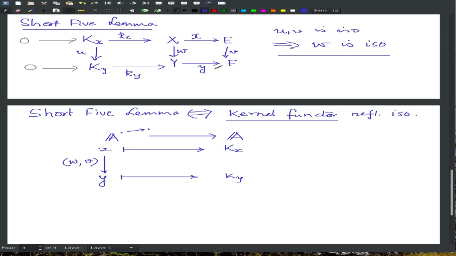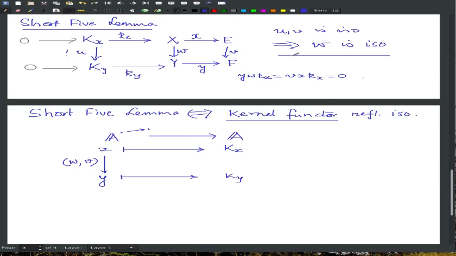This is immediate because from kernel of X, Y W kernel of X is V x kernel of X, which is 0. So this map is 0. But this is the universal one, so there must exist a unique such thing.